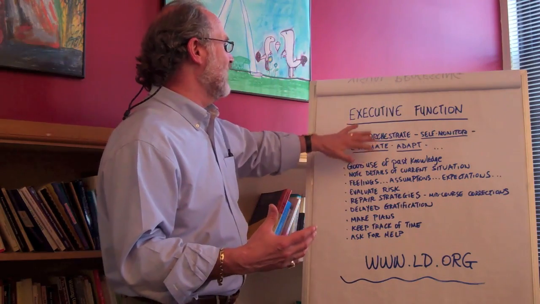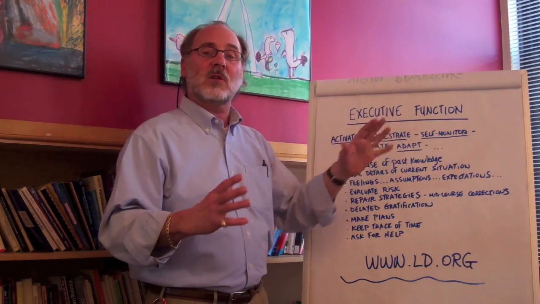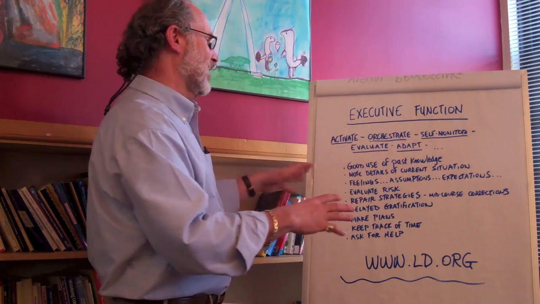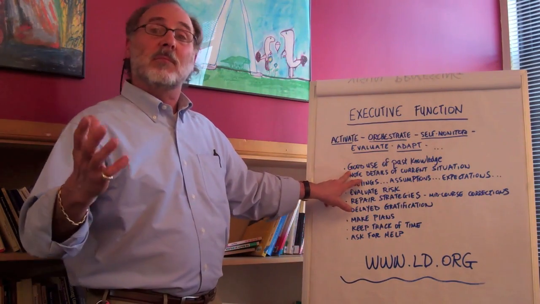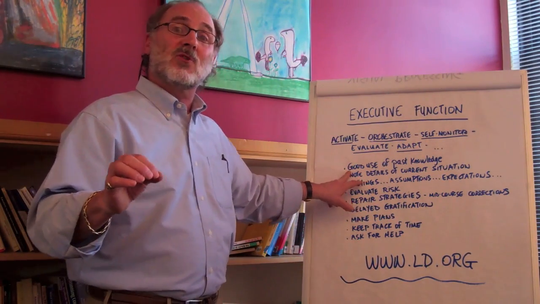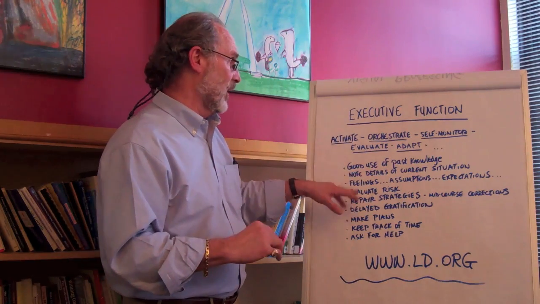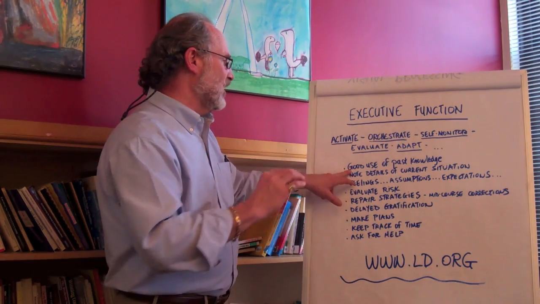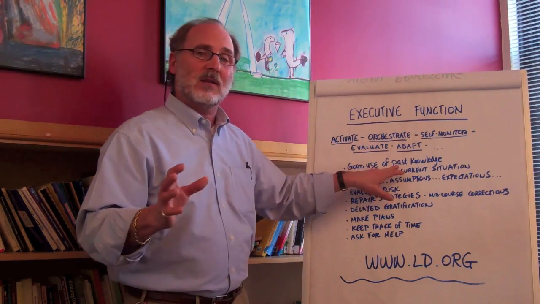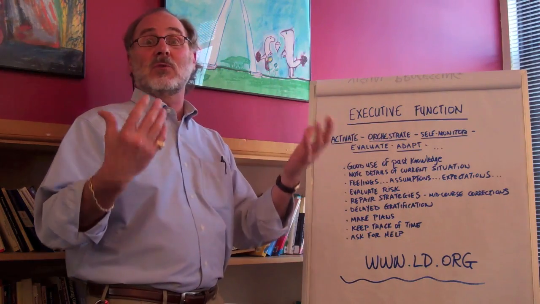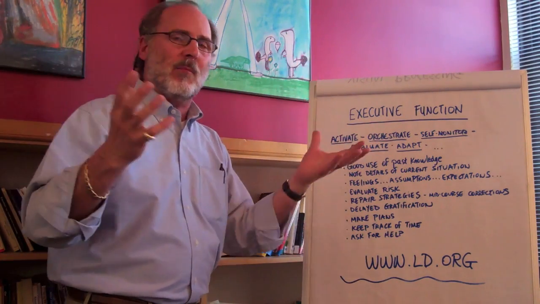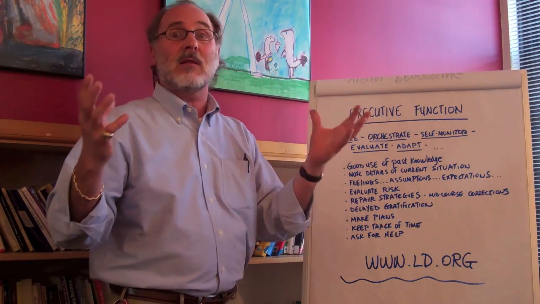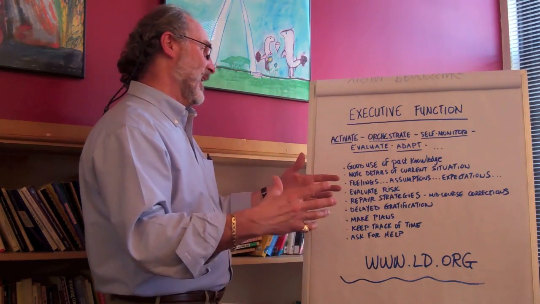So some of the features that go into executive functioning, and again, we're all doing these things all the time, but students with learning disabilities often struggle in this particular area, is that you need to use past knowledge. You need to be able to retrieve what it is that you know that's worked in the past, and you need to be able to say, okay, here's the ballpark within which I have to then think about the task at hand.